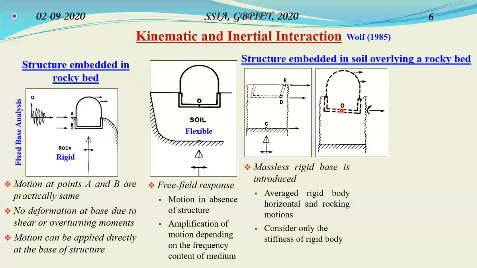Now, unlike what we have seen with a rigid rocky bed, a rigid body resting in a flexible soil medium will undergo rigid body horizontal and rocking motions. This type of interaction, where you consider a rigid body embedded in a flexible medium, where the rigid body is massless and only the stiffness is considered, is called kinematic interaction.